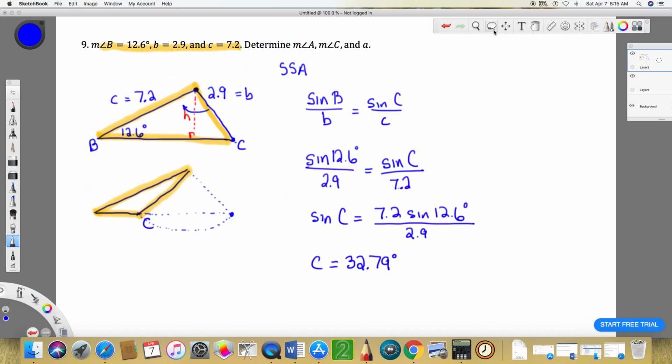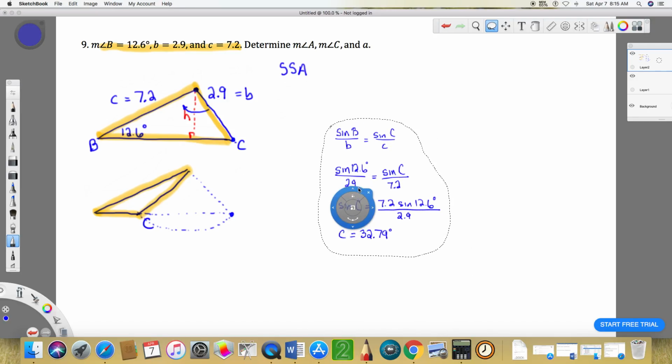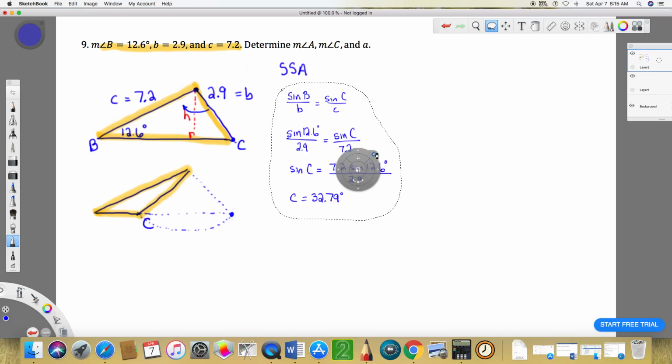And we kind of know that the calculator isn't telling us the full story. The calculator gives us an angle with a measure between negative 90 and positive 90. In these applications, we're not going to have negative angle measures, so it's giving us a quadrant 1 angle. Going back to that ratio, there are two places on the unit circle that have a y coordinate with that ratio.